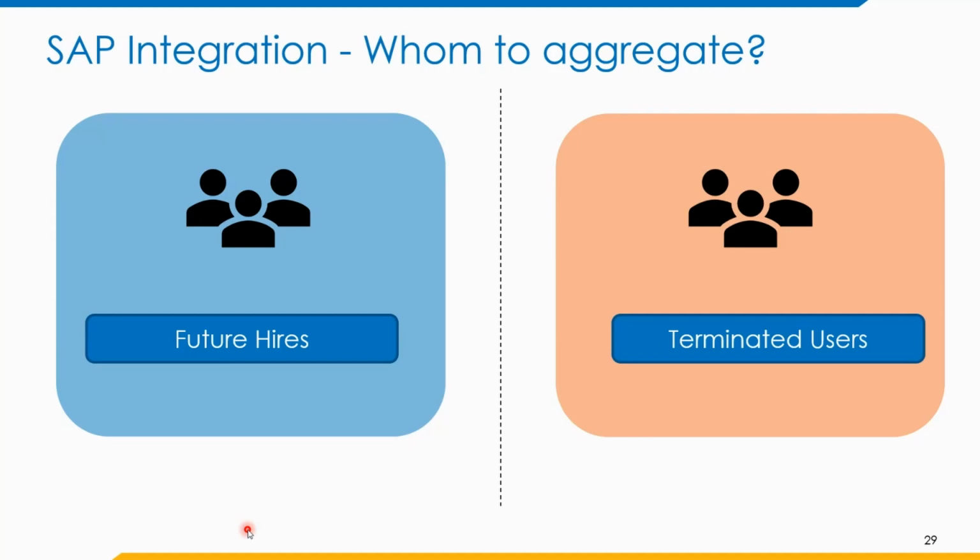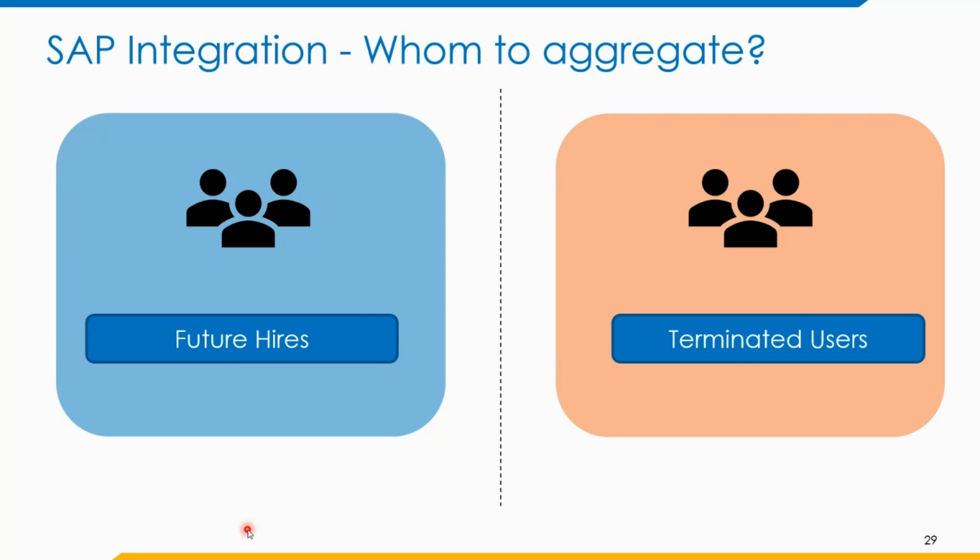If we leave that field blank, all the future hires will be aggregated to IdentityNow. So if we want to aggregate future hires also, just leave it blank. No need to fill any value.